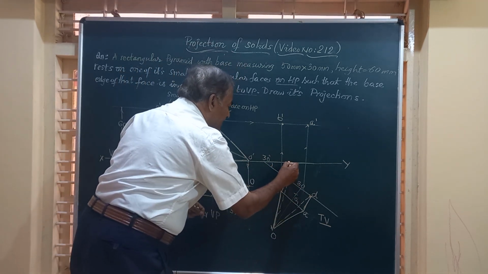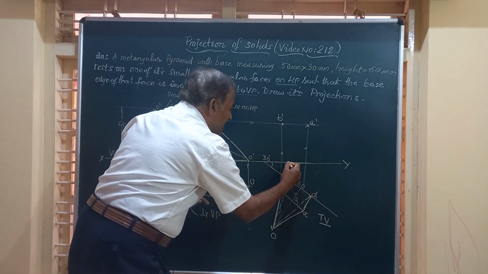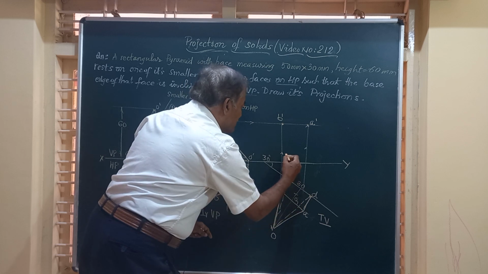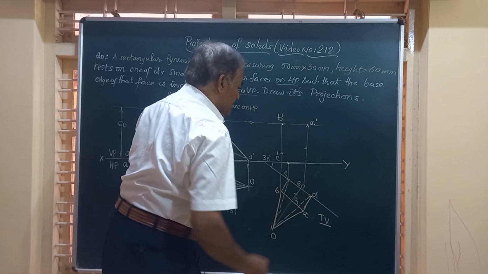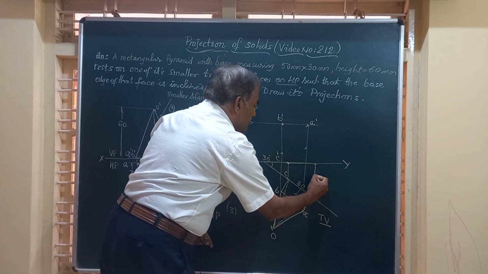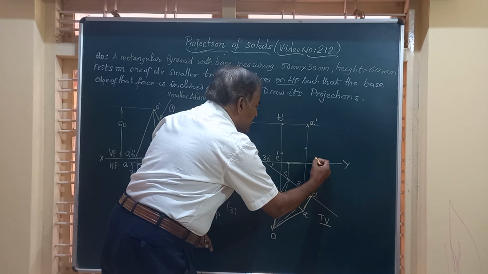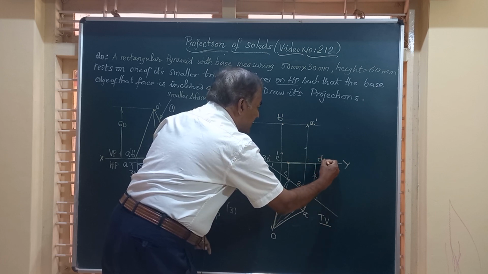So draw a vertical line from C, horizontal line from C dash. You will get this point as C dash. So I will mark it here, C dash. Then comes D dash here. So this is point D dash. You can mark it here, D dash.